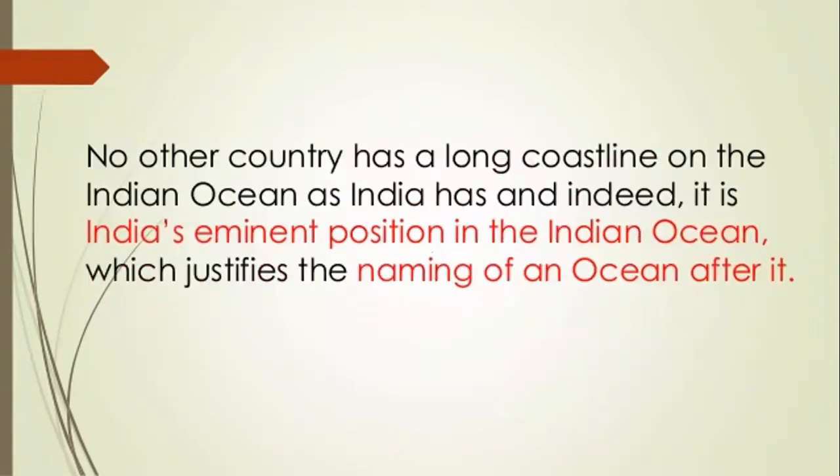We also saw that no other country has a long coastline on the Indian Ocean, as India has, and indeed it's India's eminent position in the Indian Ocean, which justifies the naming of the ocean after it.